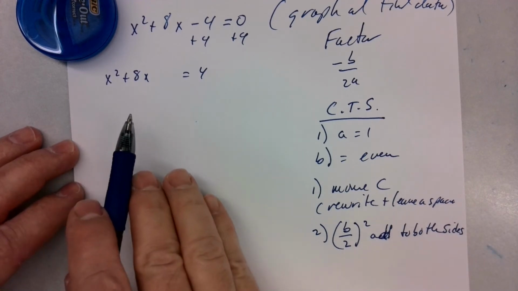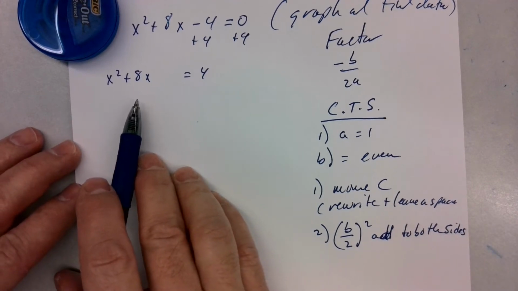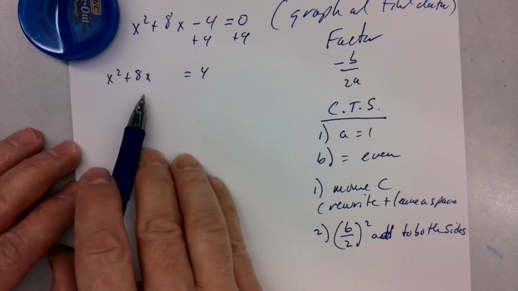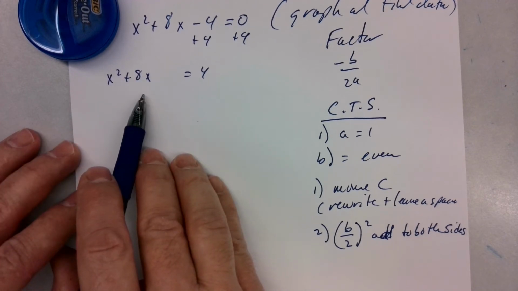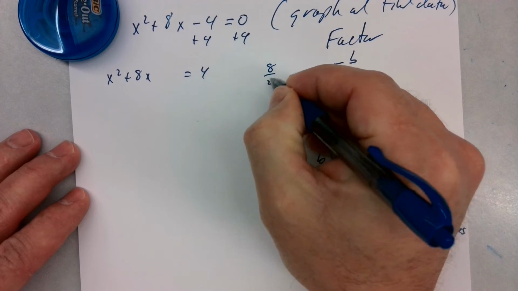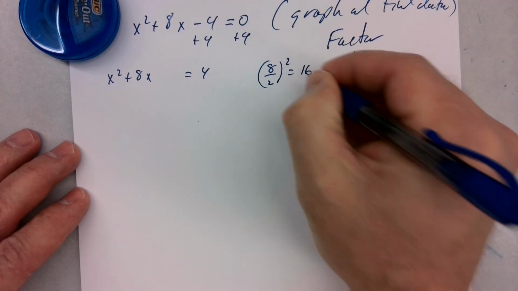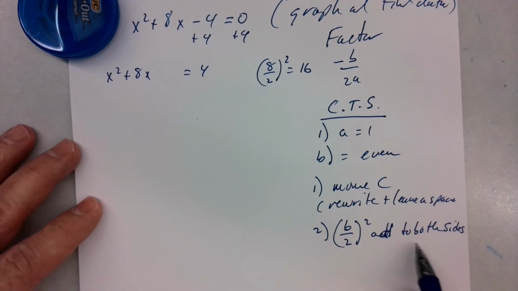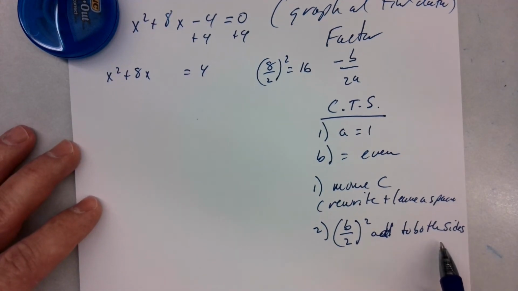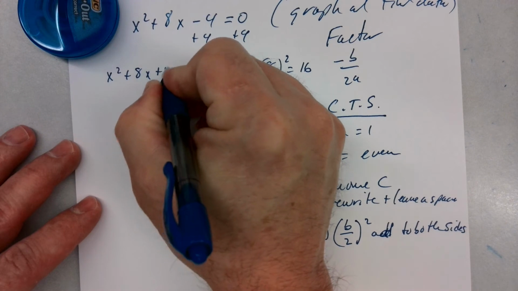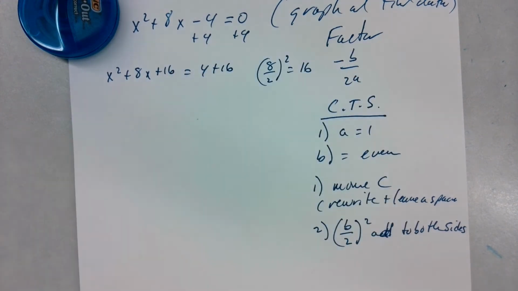So, my b in this case is 8. I'm going to take 8 divided by 2, and square it, and that's going to give me 16, right? Now, it tells me to take that 16 and add it to both sides. So I'm going to add 16, and add 16. Okay?